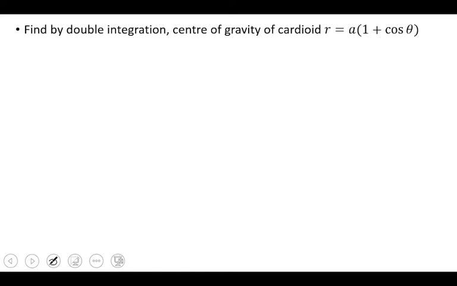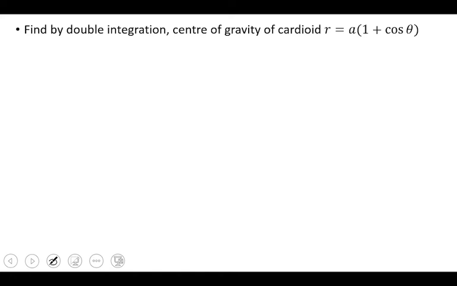Now here is one last question for CG. We are going to calculate the CG of a cardioid, center of gravity of a cardioid. Whenever the questions are coming on CG, I will tell you it very rarely comes in the exam, because the general nature of the question is a 5 marks question, and for 5 marks this is obviously too lengthy a question.